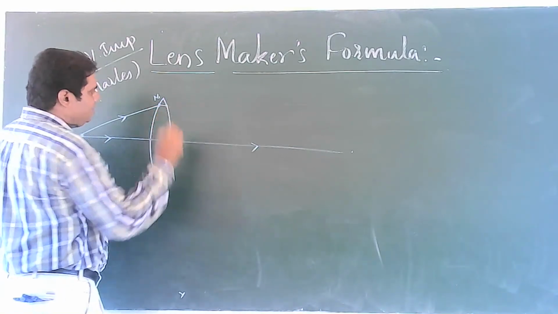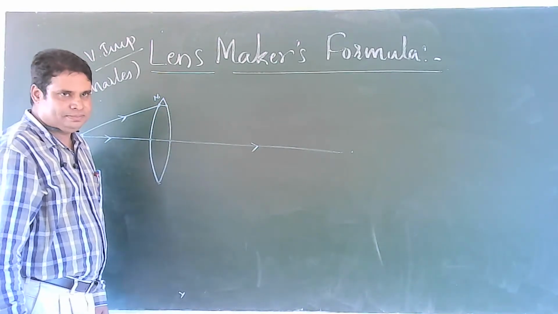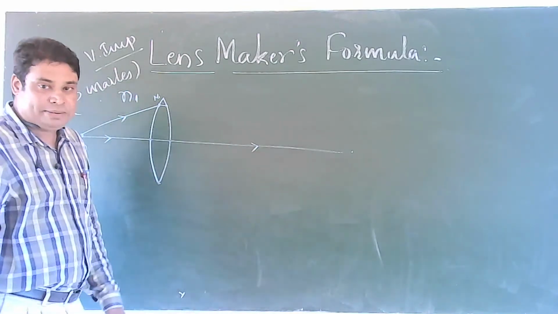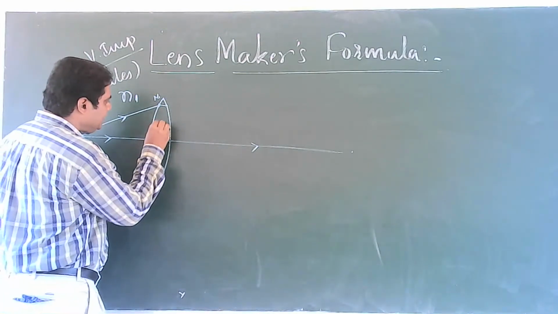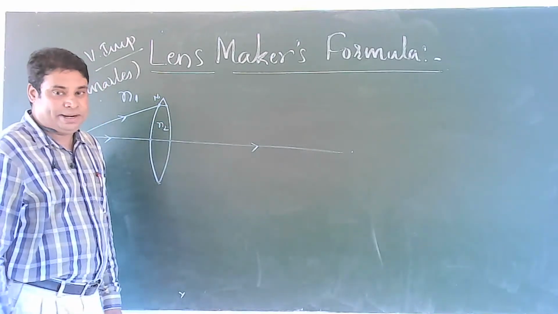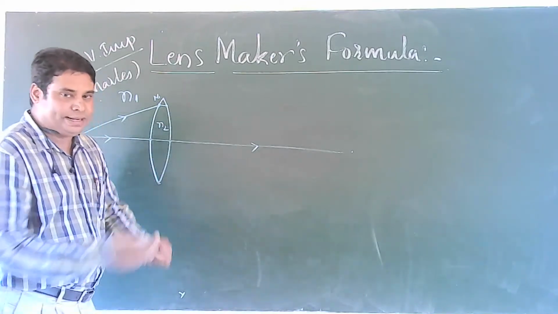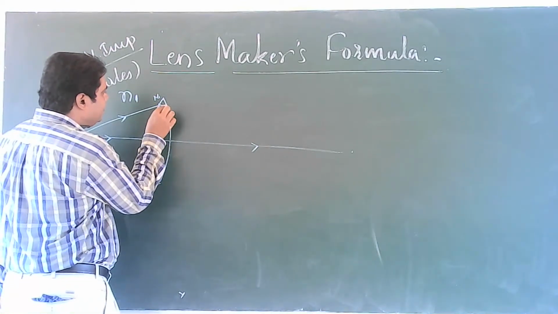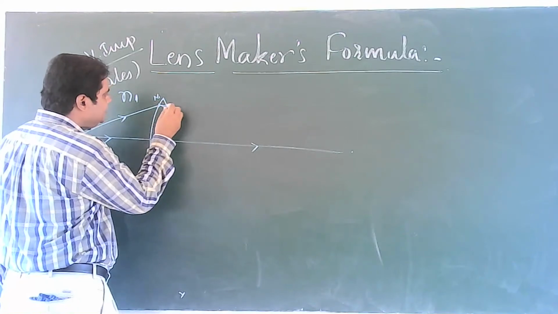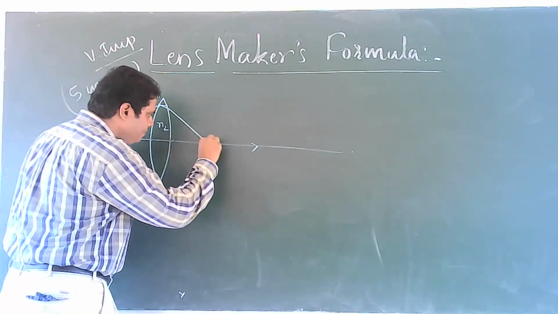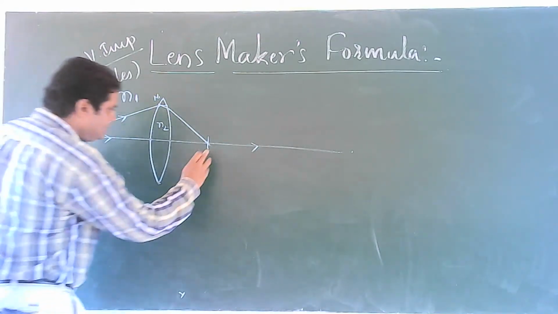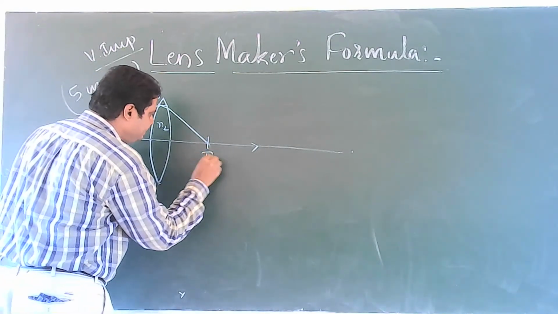Here we observe refraction takes place. N1, this is the rarer medium. N2, this is the denser medium inside the glass, inside the lens. After refraction, the ray of light will meet the principal axis at point I.